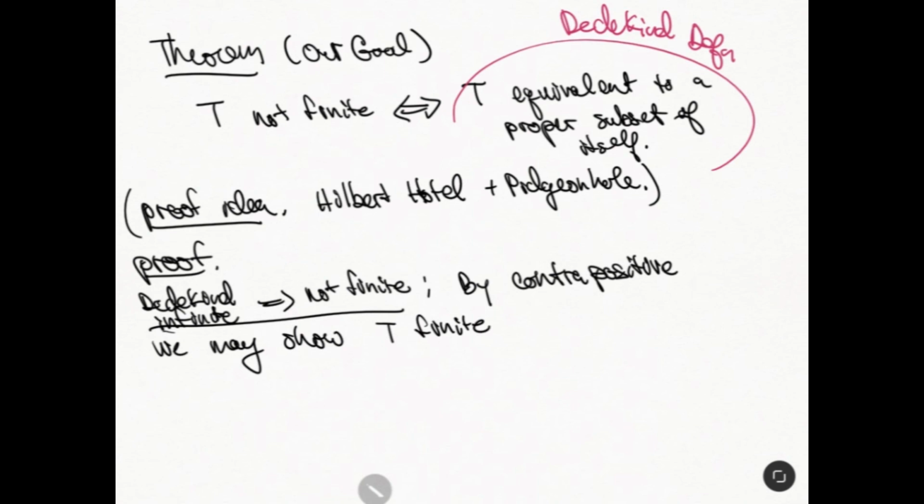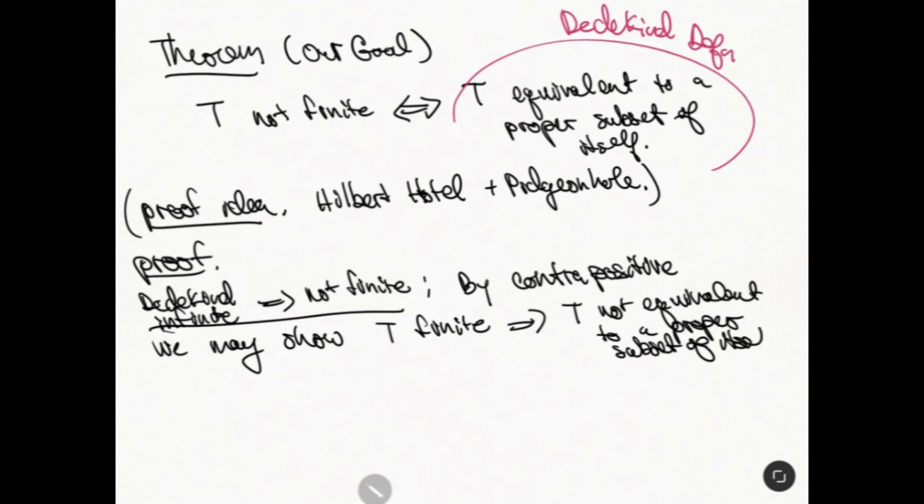So T finite is not finite implies T not equivalent to a proper subset of itself. And this is exactly the pigeonhole principle.